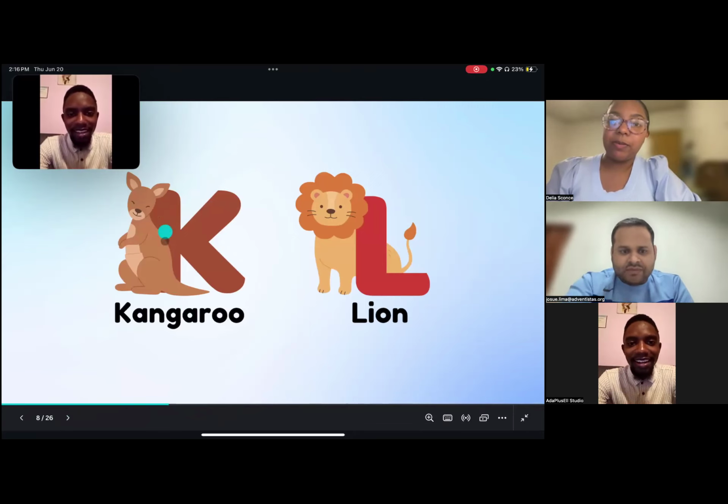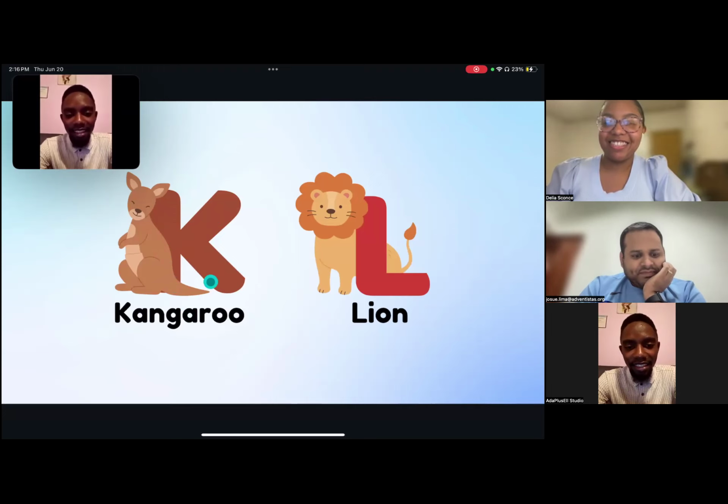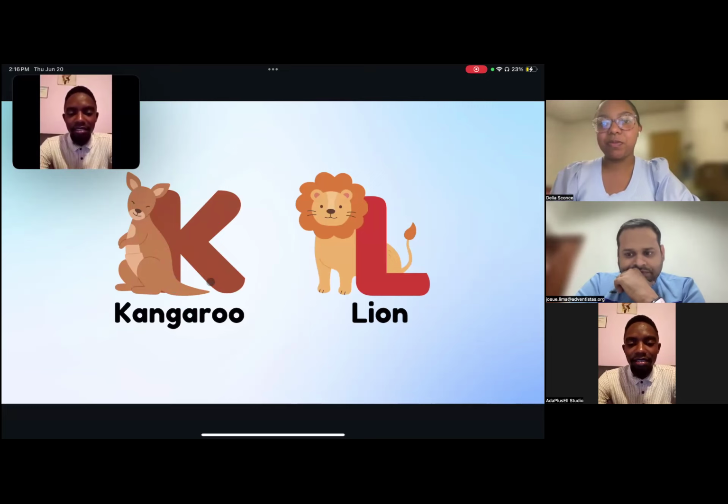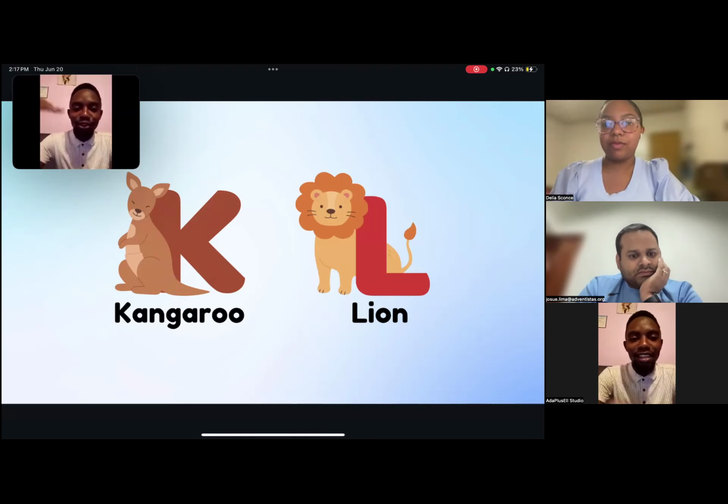And this is a kangaroo. It's a wild animal, and it can walk on 2 feet, but it has 4 legs, but sometimes it can walk on 2 feet like a human being. It's so tall. And here we can see it has long ears.